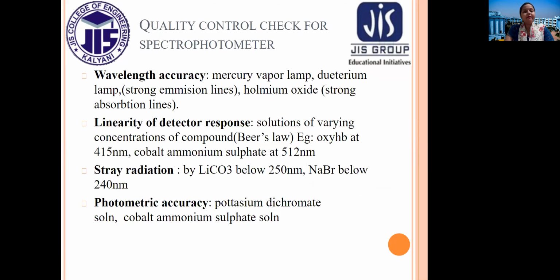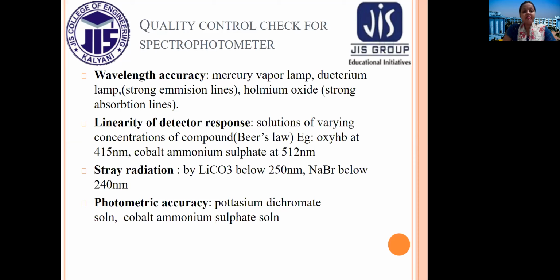Quality control check for spectrophotometer. Wavelength accuracy: mercury vapor lamp and deuterium lamp for strong emission lines, holmium oxide for strong absorption lines. Linearity of detector response: solutions of varying concentration of compounds, for example OxyHb at 415 nanometer, cobalt ammonium sulfate at 512 nanometer.